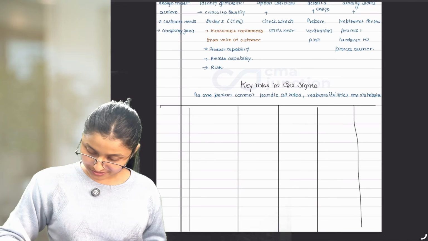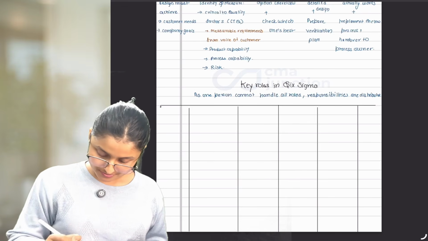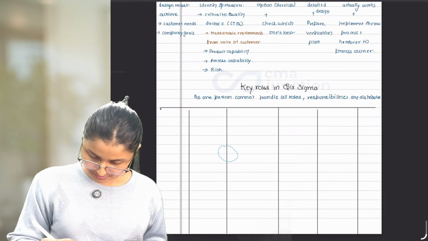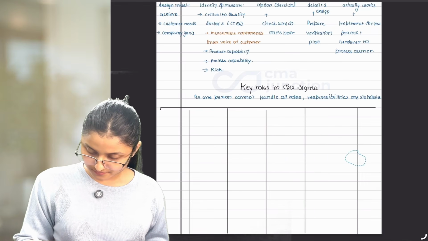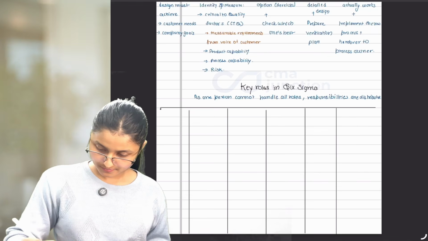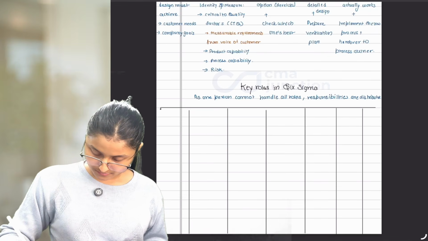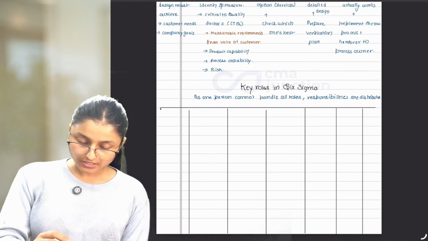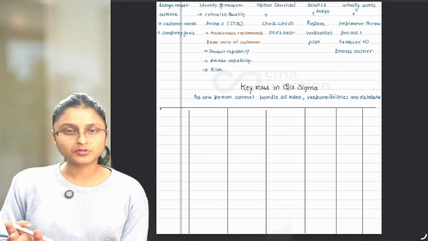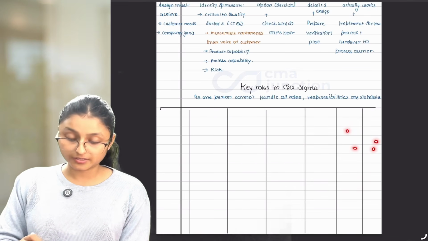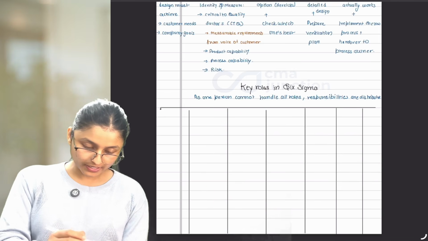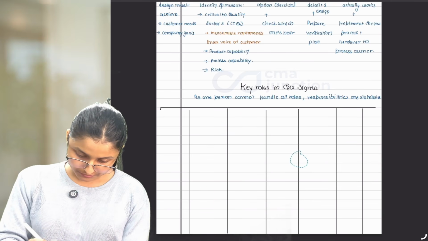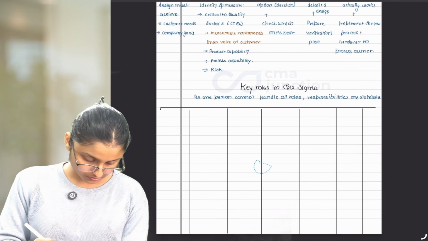We need 7 blocks. Six and 7. The last blocks are small enough because we need not write more about green belts and yellow belts, right? For others, we have to write a lot, and that is why we need more space.